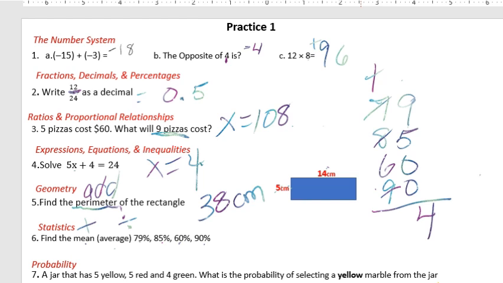So now I have 25 plus 6. I know 5 plus 6 is 11. So now it's 25 plus 6, which means it should end with 1, so it's 31. I hope that made sense to you. If not, just use your fingers.